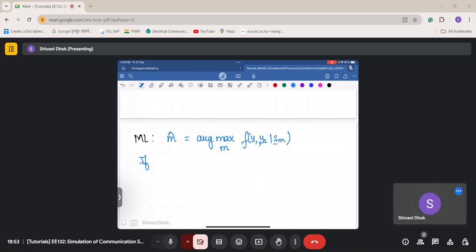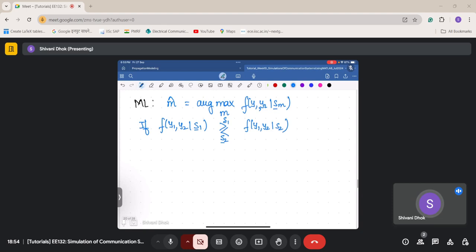If f of y1 comma y2 given s1 is greater than f of y1 comma y2 given s2, then you decide in favor of s1, and if it is less than, then you decide in favor of s2.